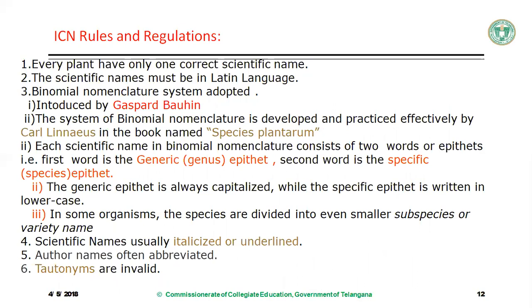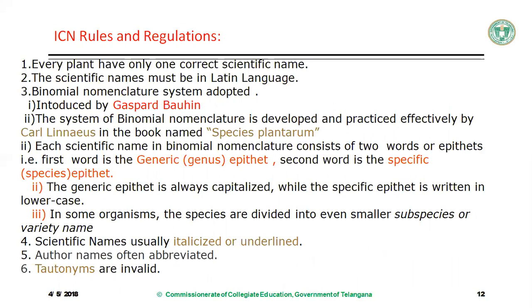ICN rules and regulations. A few ICN rules are listed here. First, every plant has only one correct scientific name. The scientific names must be in Latin language. Previously, the nomenclature process created more ambiguity because in India there are a number of regional languages.